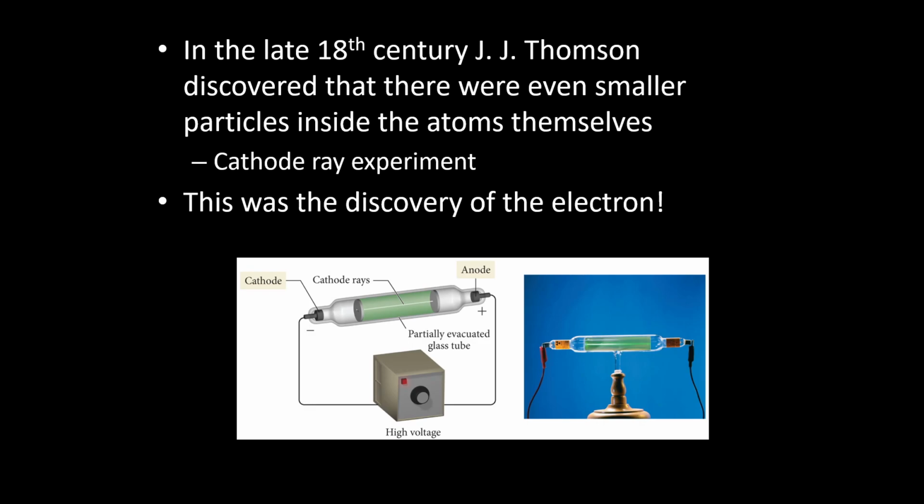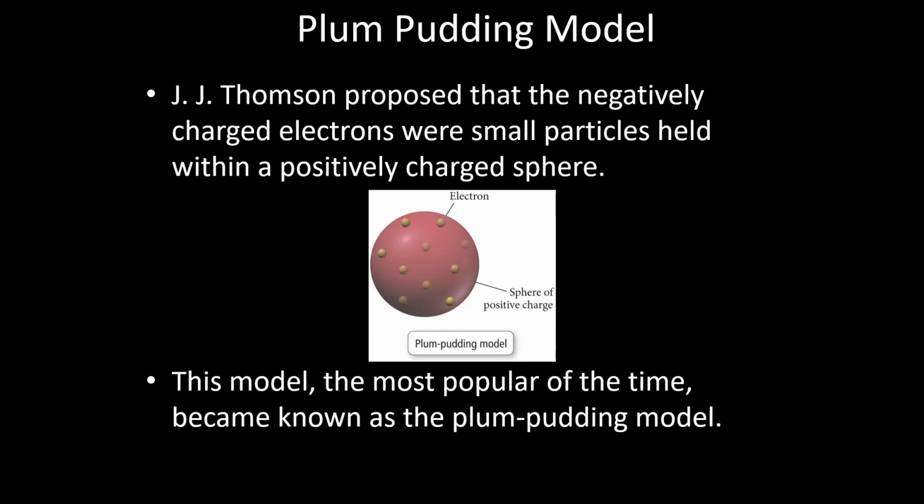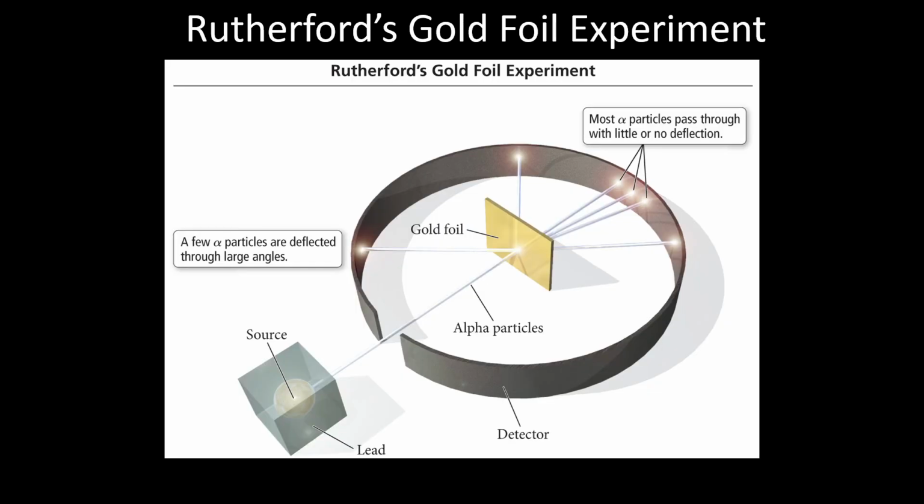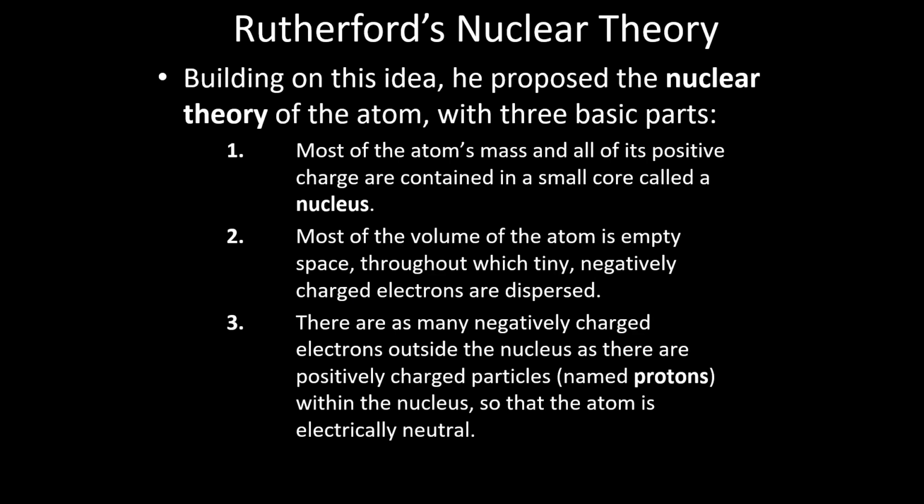So here you have Thomson discovering what he called at the time cathode rays, but we now know them as electrons. And I expect you to know that Rutherford developed what we call now the nuclear theory.